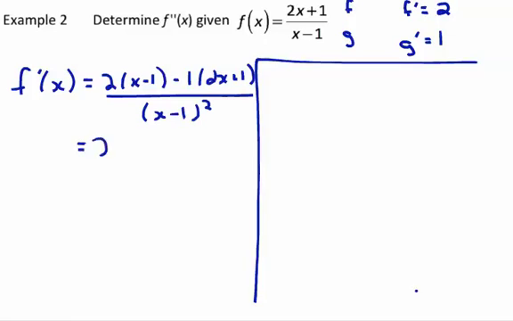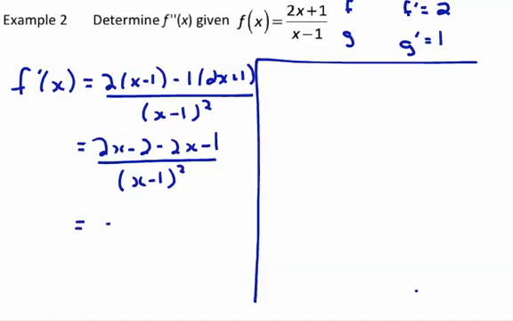Simplify that a bit. Distribute the 2 and distribute the negative. And combine like terms on the top. And that is our first derivative.